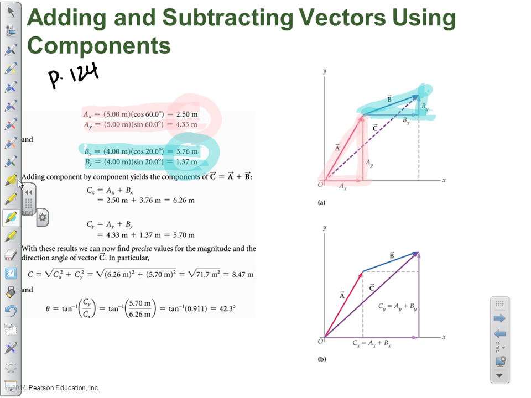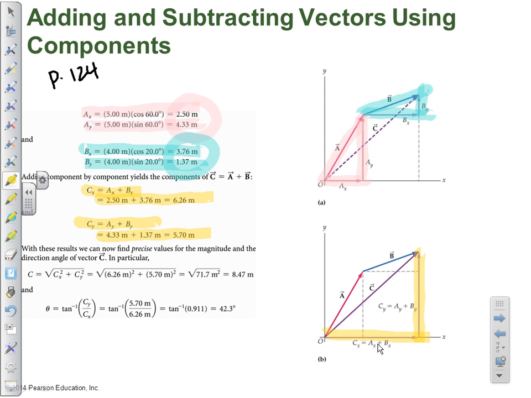So the next thing they did was add the x's together. And when you add the x's together, that gets you this side right here. And then they added the y's together, and when you add the y's together, that gets you this side right here.